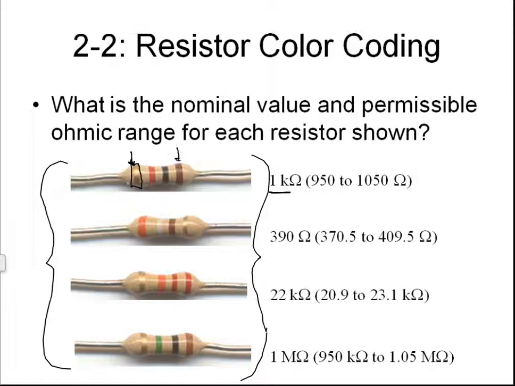You start at the plain paint band. So 20% of 1K is 50 ohms. So you can go above and below by 50. Did I say 20%? 5%, not 20. And all of these are 5%. So quite a swing on the different values.